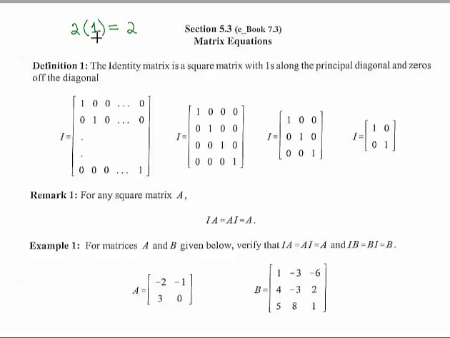If I take 1 and multiply it by any other number, like a half times 1, I simply get that number back, 1/2. That applies to negative numbers, positive numbers, zero, fractions, irrational numbers, any real number you can think of. If we multiply it by 1, we get the same number back.